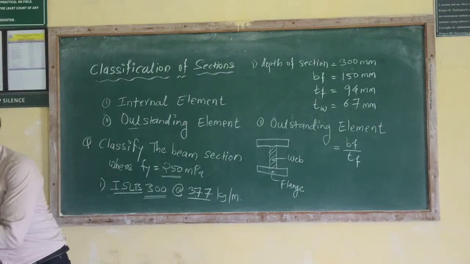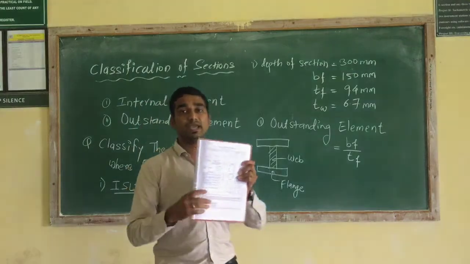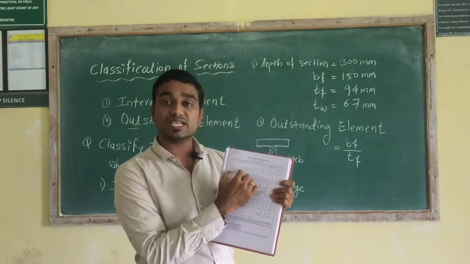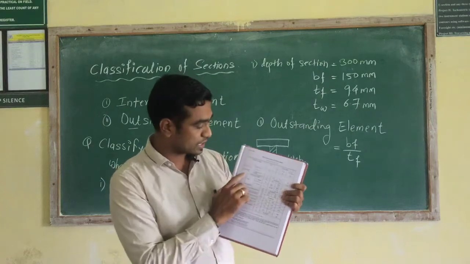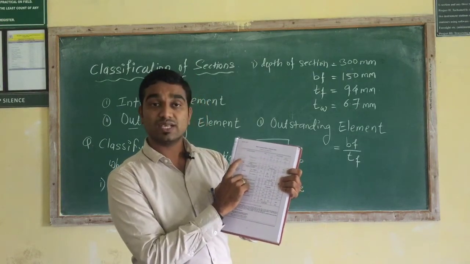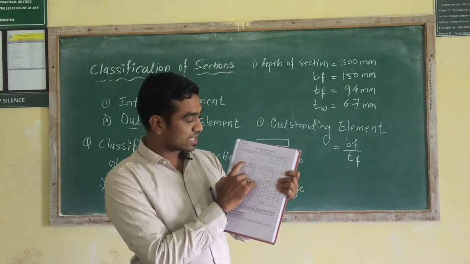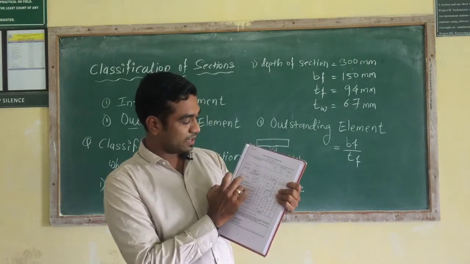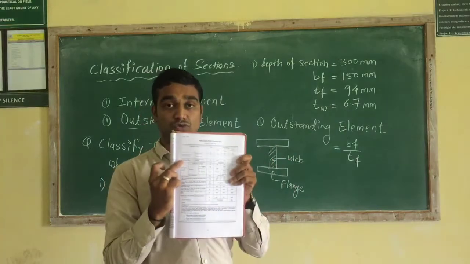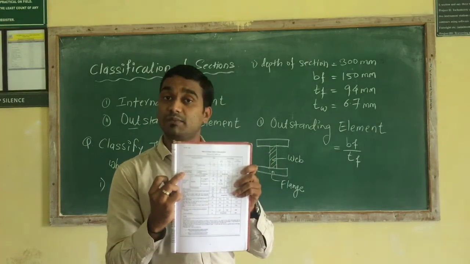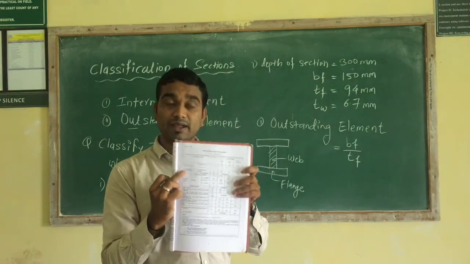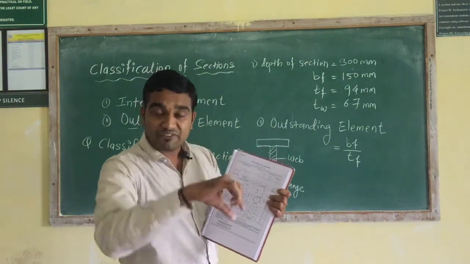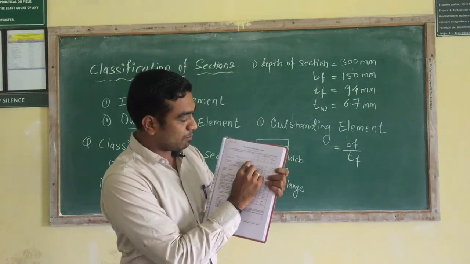In table number 2 various sections are given, starting with rolled section. For rolled sections there are two categories, outstanding element and internal element. For the outstanding element, the ratio given is B upon TF.